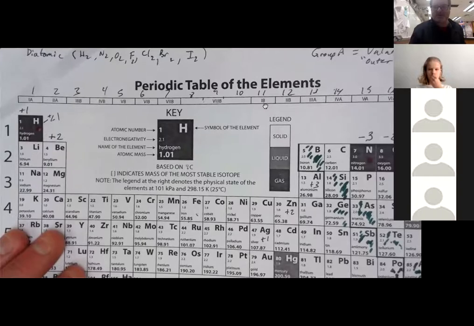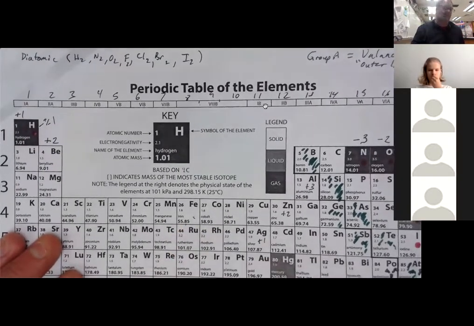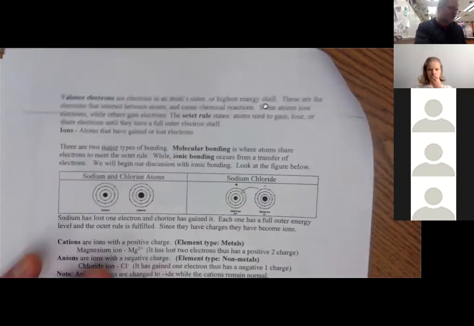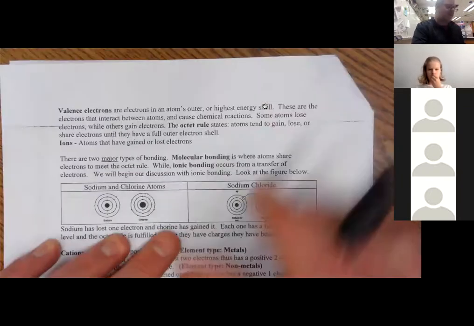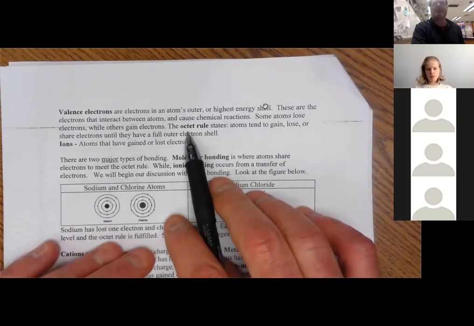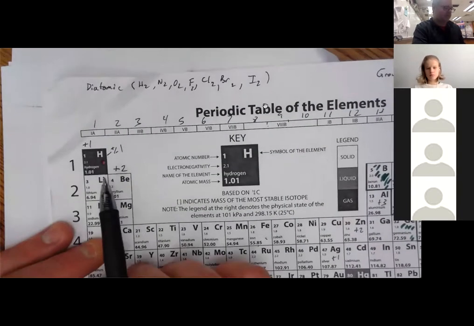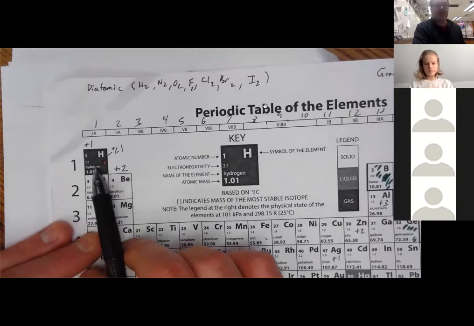There's many ways to do it, and that's the beauty of chemistry, and that's the beauty of the periodic table. They all work together for this. So those are valence electrons. Electrons pair onto elements or atoms in what we call the octet, or 8 usually. They like to gain or lose electrons to form 8, or share electrons to get 8.